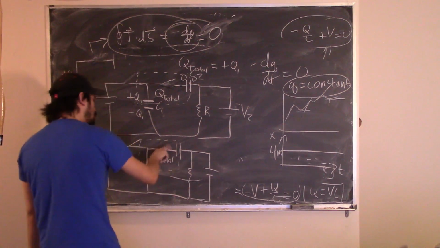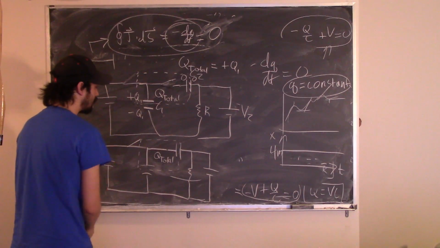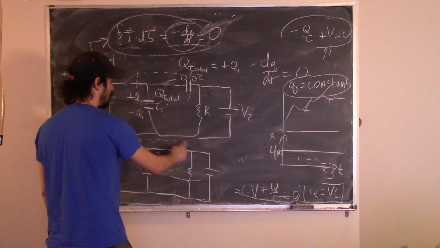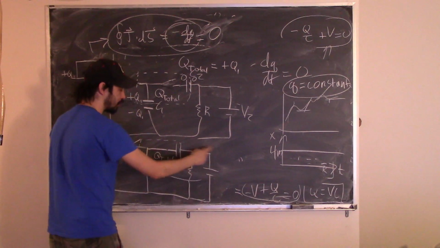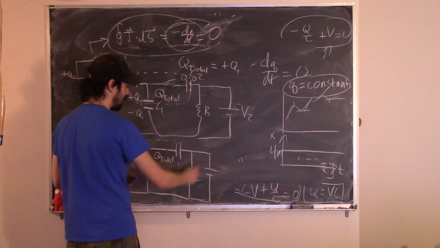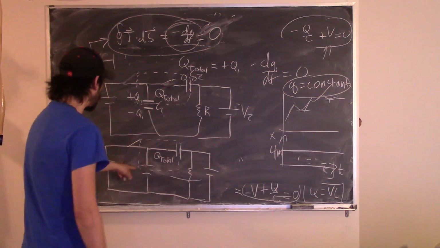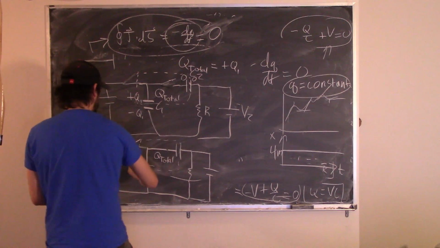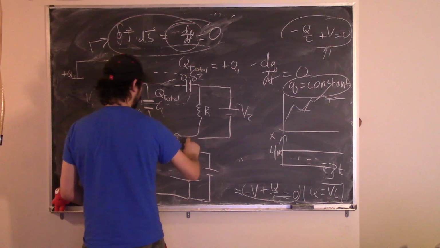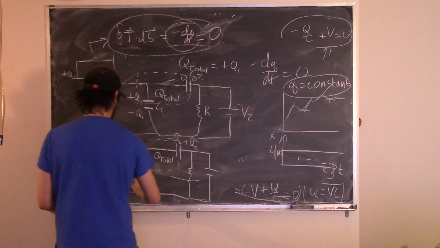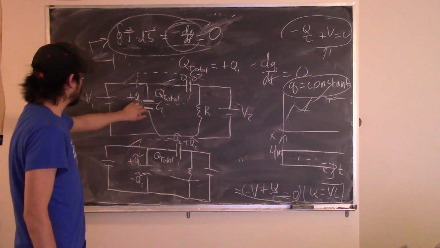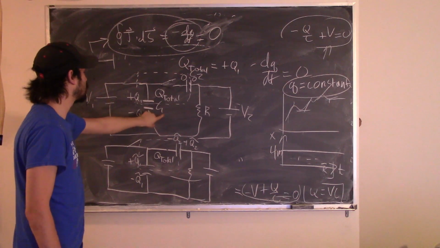And closing the switch has another property that's going to be important here. It allows me to change what the charge is on this one due to some external electric potential that I have in terms of the battery here. So the reason why ultimately I'm calling this a plus Q1 tilde and a minus Q1 tilde, plus Q2 tilde over here, is because this is still a charge on the capacitor C1.